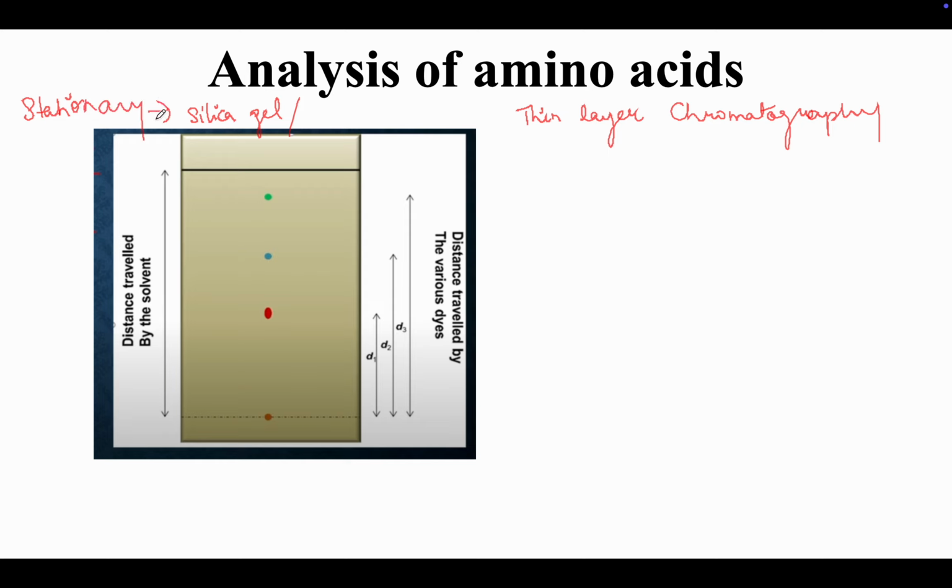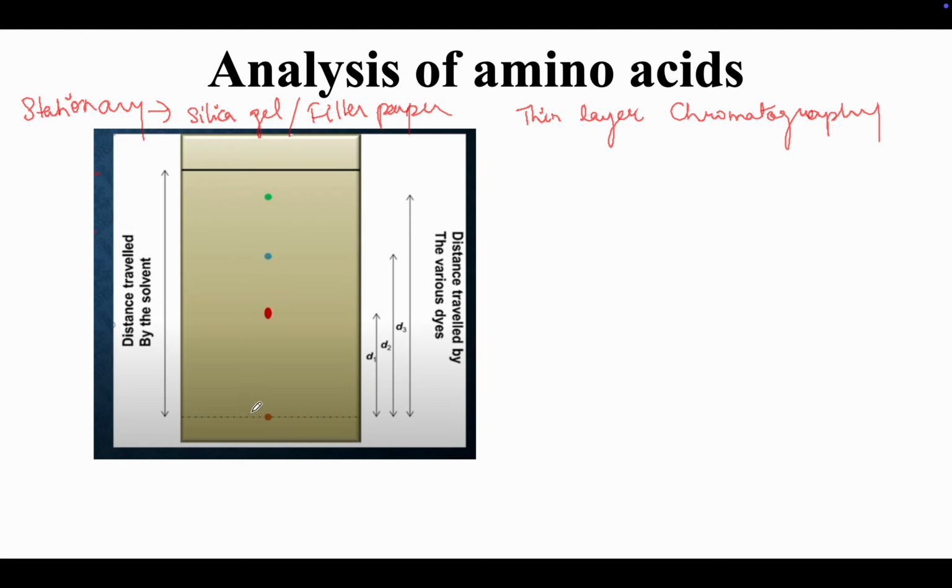It could either be silica gel or it could be filter paper, Whatman filter paper. So in thin layer chromatography we have a thin layer of silica gel mobilized on the slide or any aluminium thin film, and that's why the name thin layer chromatography.